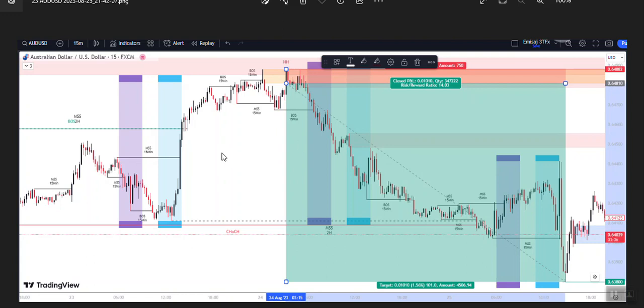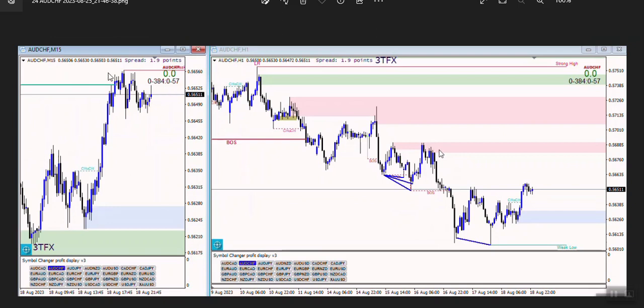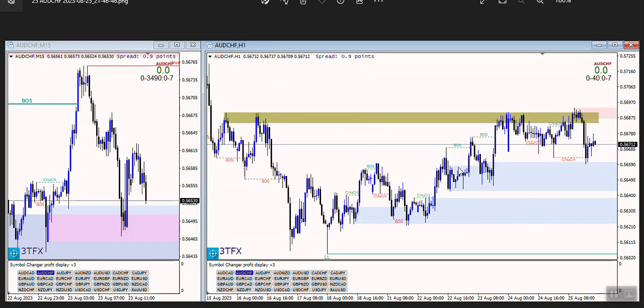Right, so that was for AUD USD. Then I also mentioned that we are looking at AUD CHF, that if price pulled back to this order block, we sell. Price got to that order block and sold on AUD CHF.